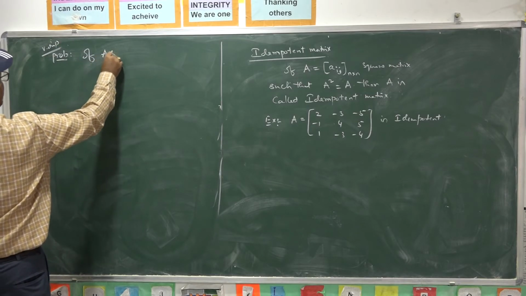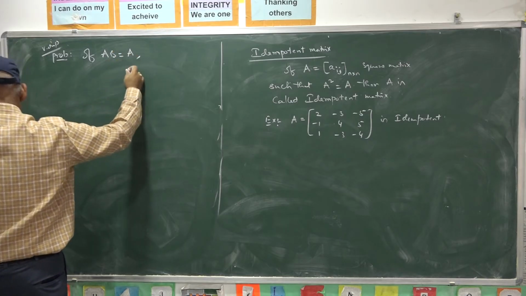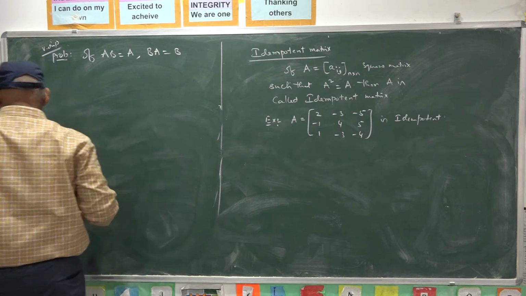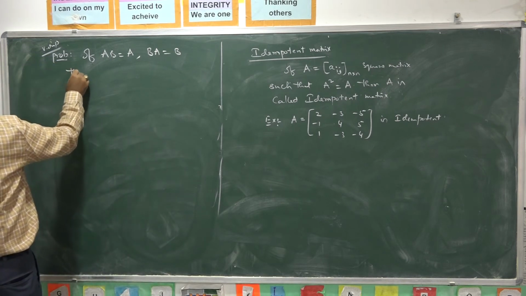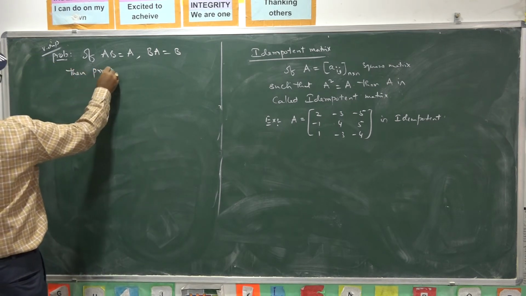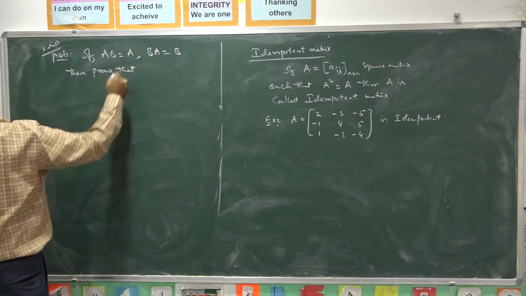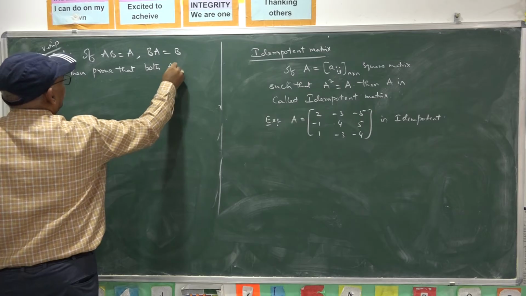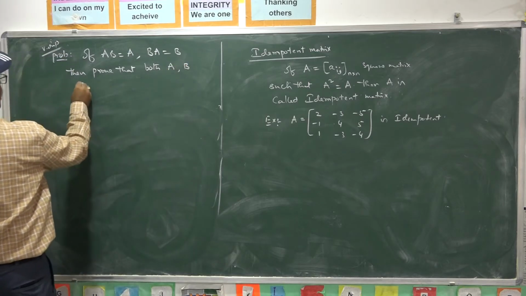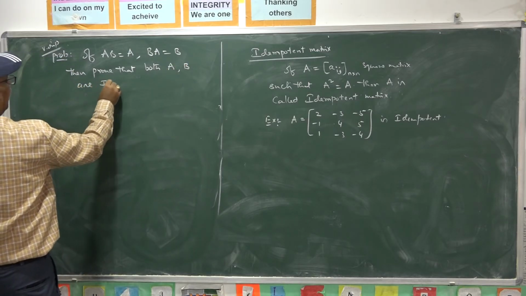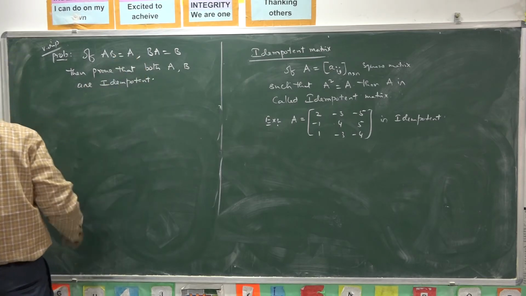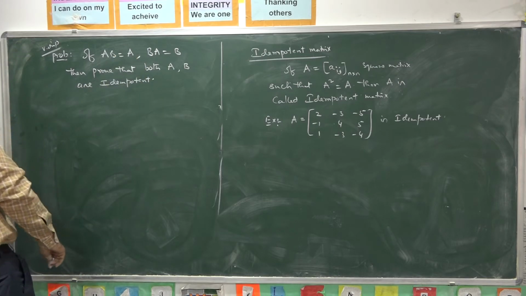If AB equal to A and BA equal to B, then prove that both A, B are idempotent. This is also one important result.